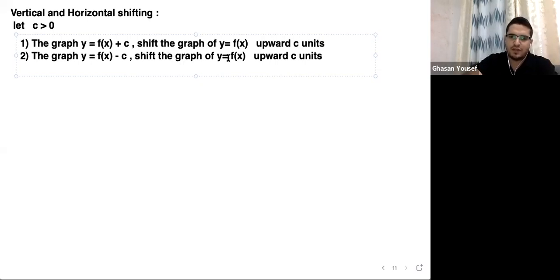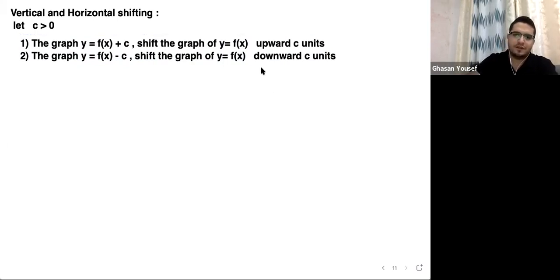To graph the function y equals f of x minus C, subtracting the number from the function, we should graph the function y equals f of x, then shift it downward C units. This is for up and down, for vertical shifting.